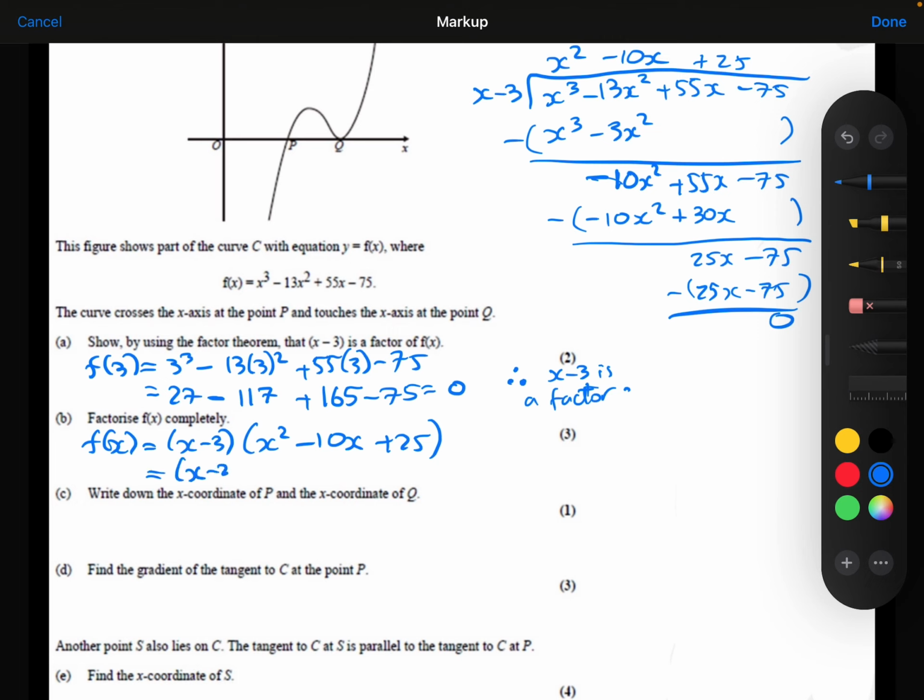And that quadratic factor will factorise a little bit more to be x minus 5 times x minus 5, which I could write as x minus 3 times x minus 5 all squared. And that's my answer to part B.